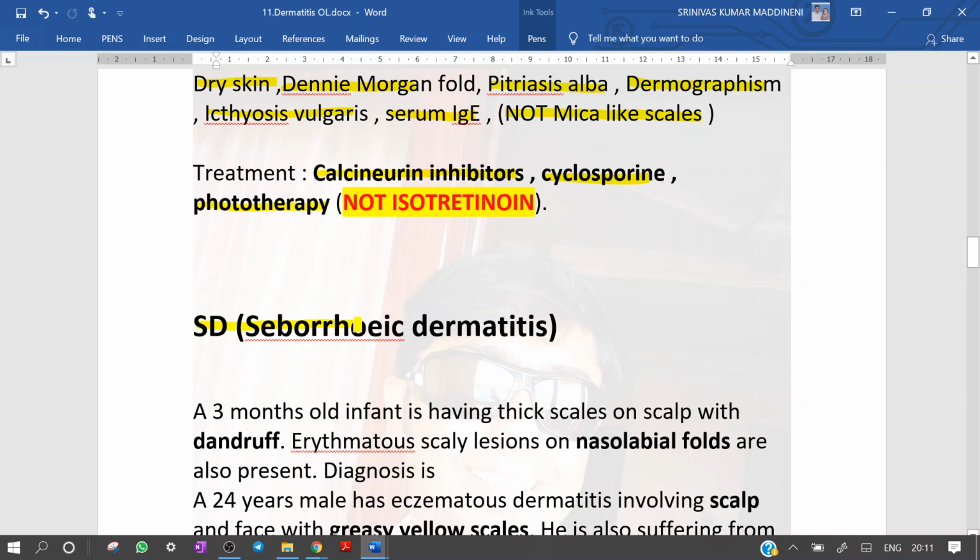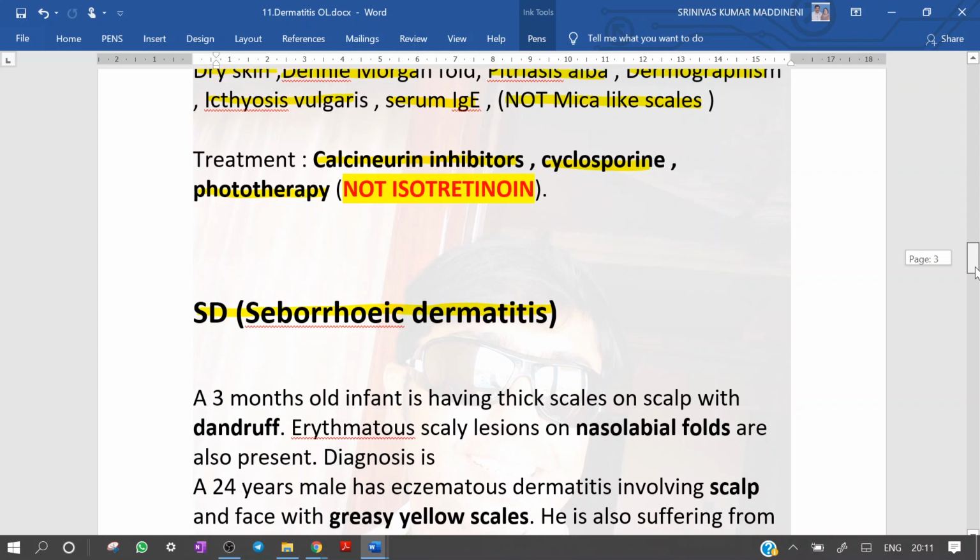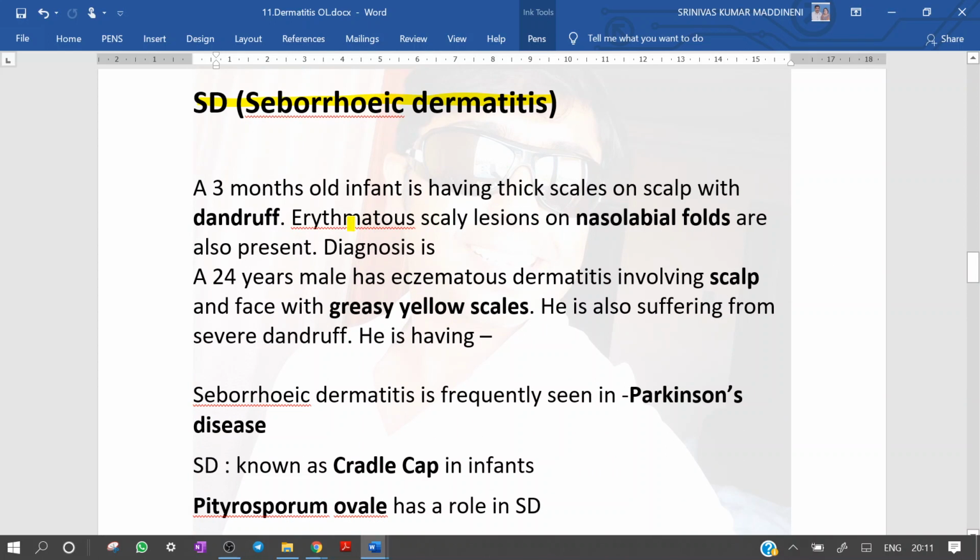Next topic, which is very important, is seborrheic dermatitis. Here, in the case history they will mention the patient has dandruff. Here, a 3 months old infant with scaly lesions which are erythematous on the nasolabial folds. And a 24-year male has eczematous dermatitis involving the scalp and face with greasy yellow scales.